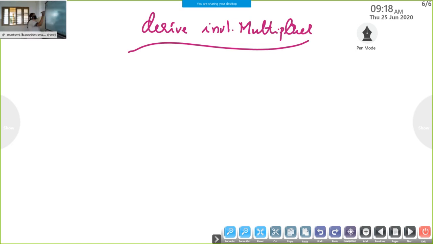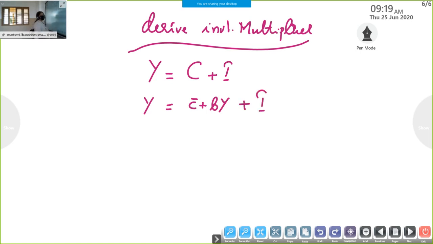First I am taking Y is equal to C plus I. You should follow, you should come with me. Then what we have to do? Substitute the consumption equation. By substituting it, instead of C we write C dash plus BY, then plus I. Then modifying, Y minus BY is equal to C dash plus I. Clear?